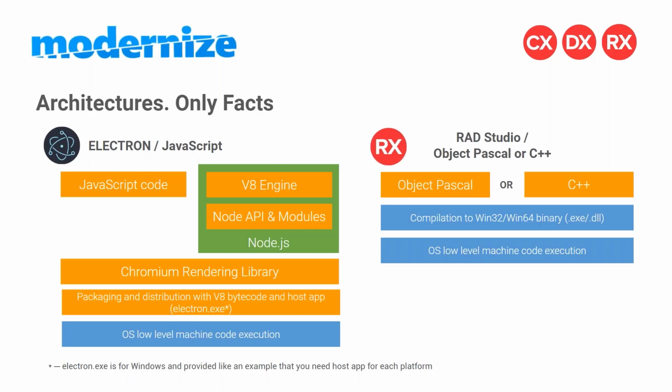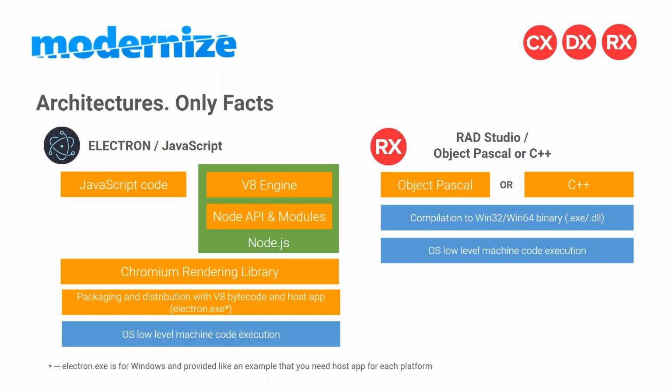The next layer is the Chromium rendering library, and then when you're developing with Electron, there is Node.js module packaging, because Electron again is like a module for Node.js. The next layer is packaging and distribution of your JavaScript application with the host application. For Windows, this is electron.exe.